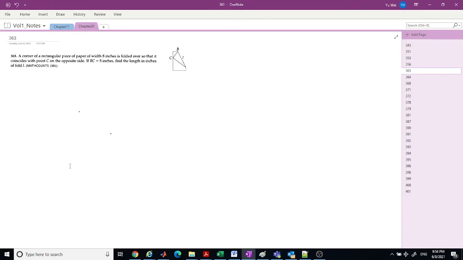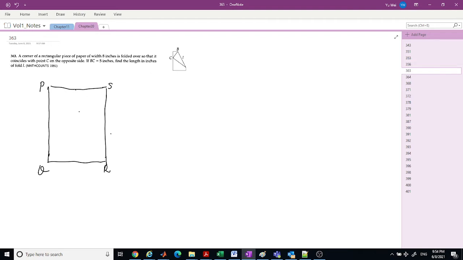Okay, so we want to solve this question 363. So we have a rectangle of paper, PQRS, and the width of the paper is 8, and this one is folded, right?